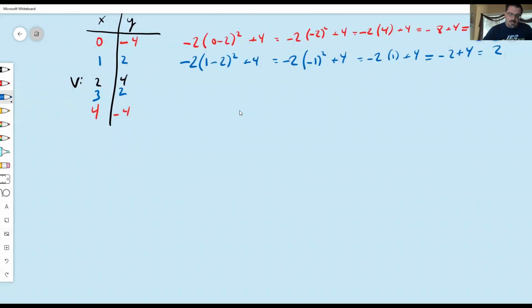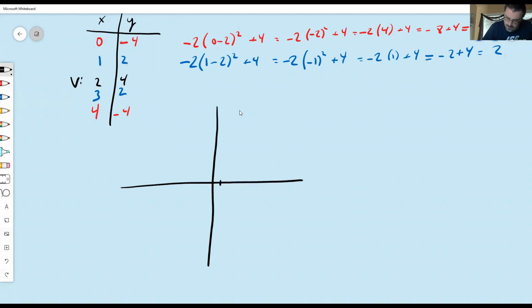Let's draw our picture, and we'll be done. Okay, I'm just going to start at the top for simplicity, since you can't see what I'm doing.